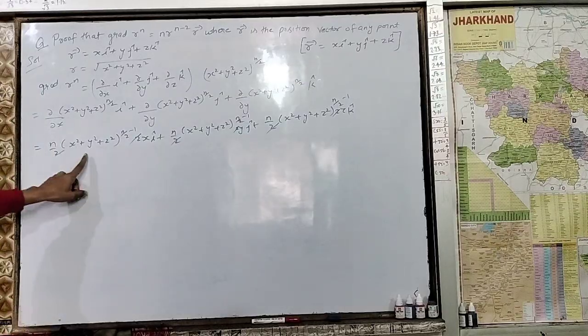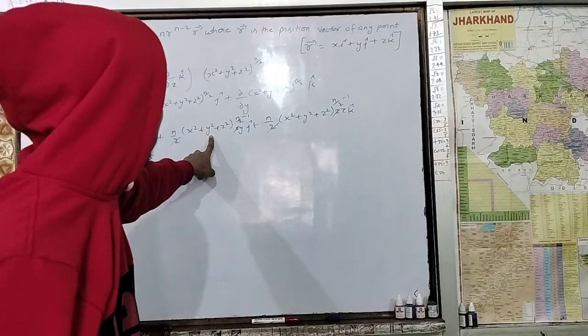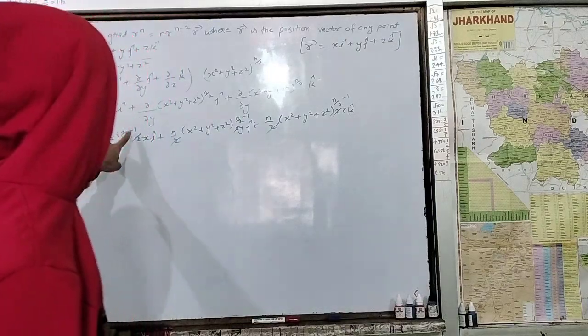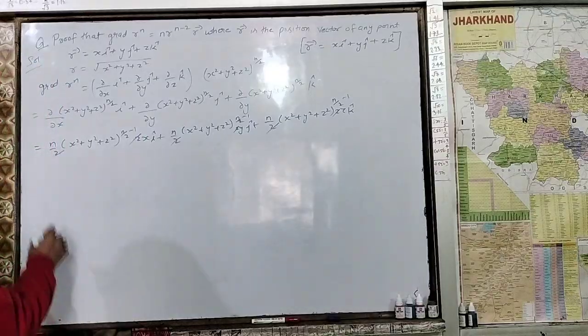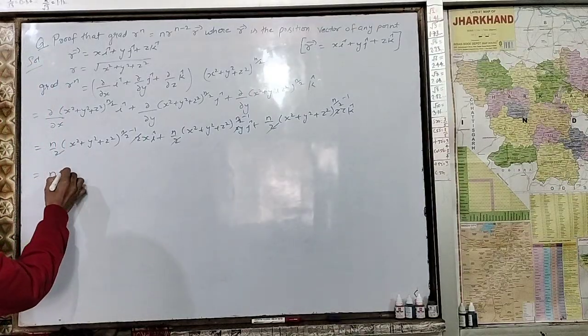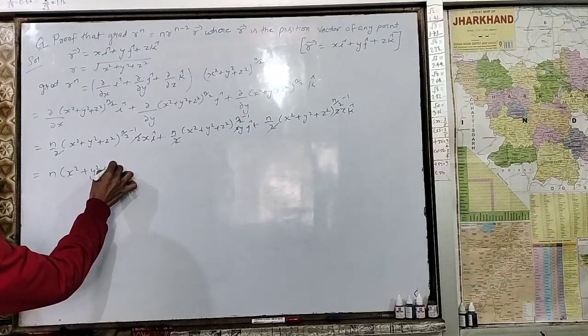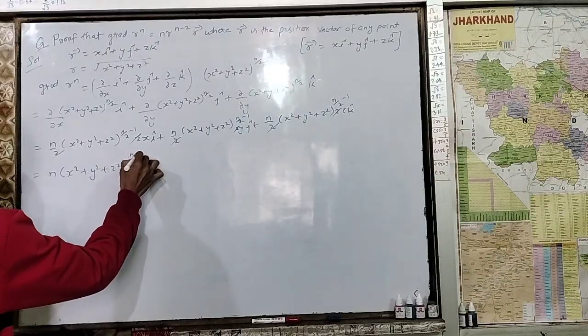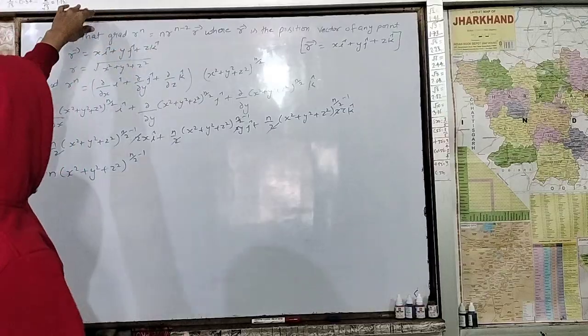Now we have this common thing, n and this whole term is common, which means you can write n times (x square plus y square plus z square) raised to power n by 2 minus 1. This is common.